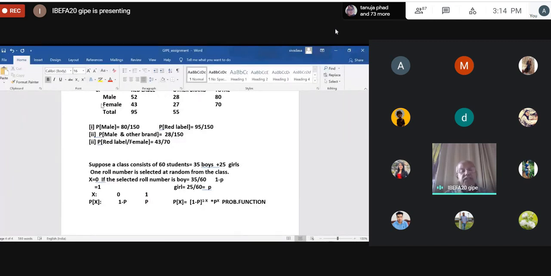A probability function is a mathematical expression which helps us to evaluate different probabilities. Yes, any question?